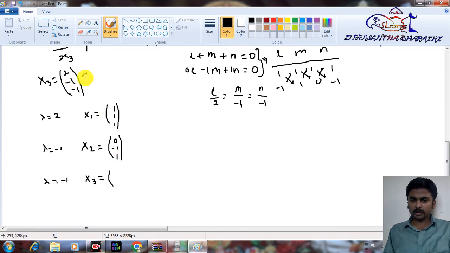We can also write it as taking minus 1 commonly outside, we will get minus 2 1 1 also. So I am writing it as minus 2 1 and 1 to increase the number of positive terms. Okay, so this is the eigenvalue, and for this eigenvalue we are having this eigenvector.